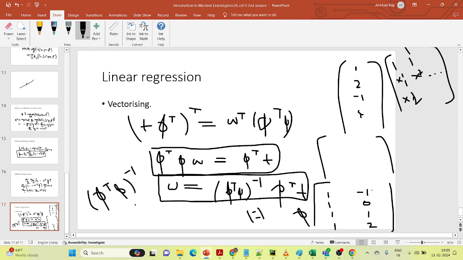And likewise we have n rows. Phi is defined like that, n rows of training examples, and this will be p plus 1. P is the number of variables and 1 for the bias term. So it is n cross p plus 1. Phi is defined like this.